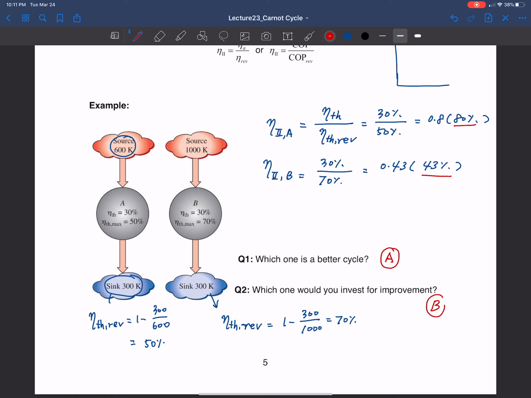My answer is B, because now it only has 43% of the maximum efficiency. In other words, we have much more room for improvement. So if I invest the money that I have in engine B, then I can expect more improvement in the performance of engine B. Engine A only has slight room, and it's really hard to have certain improvement because it is already very close to the ideal condition.